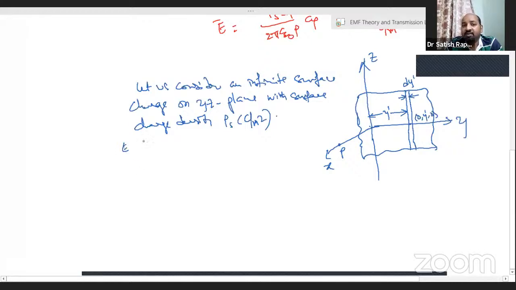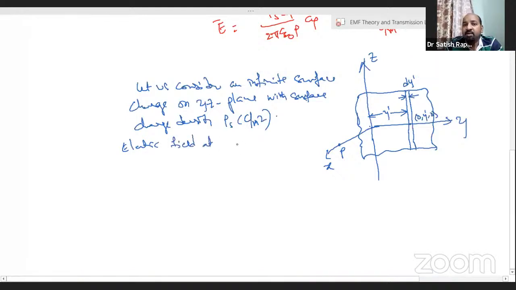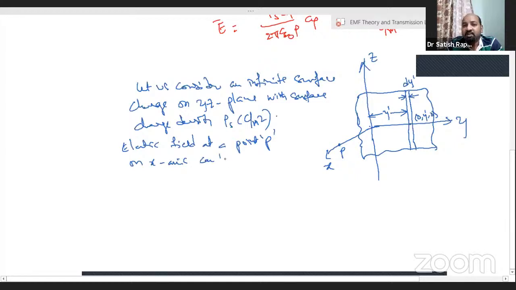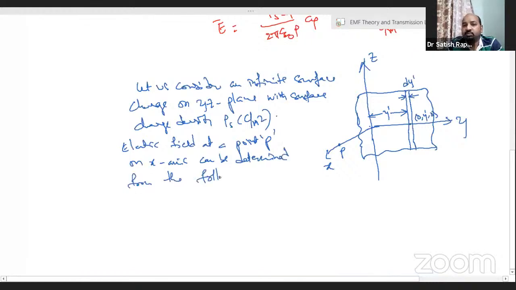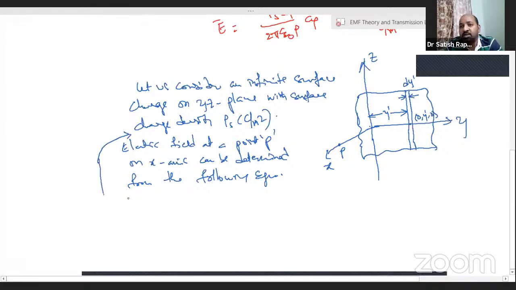Therefore, electric field at a point P on the x-axis can be determined from the following equation. In between this, write down one more statement here.